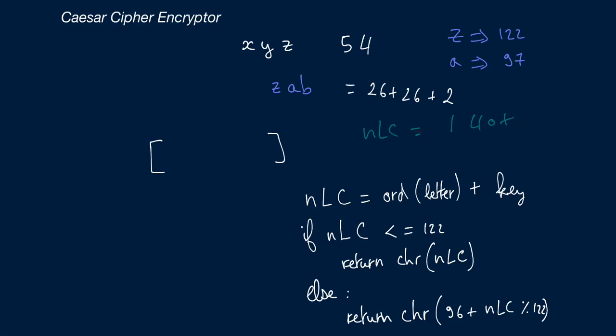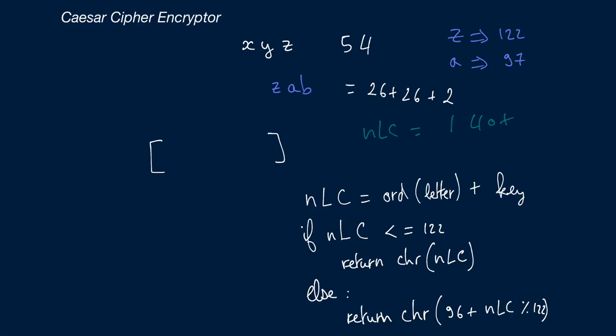And then when you mod that by 122, and you add the value back to 96, your result is still greater than 122. So you end up still calling the chr function on something that's greater than 122, and that's not what you want. You want to wrap around the alphabet.